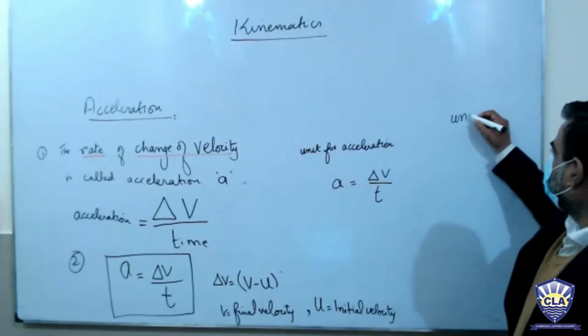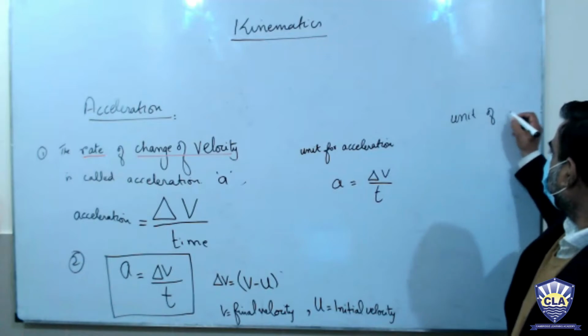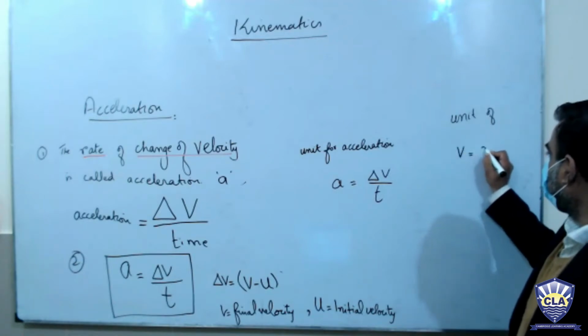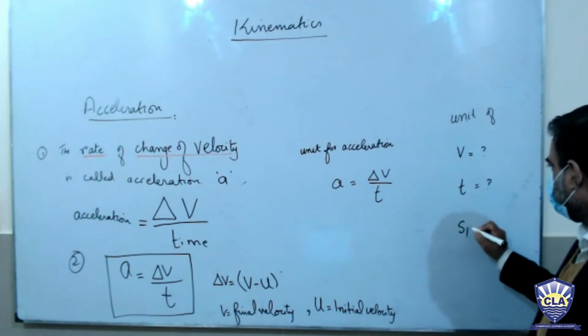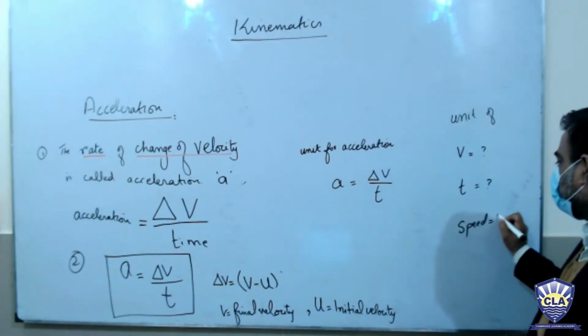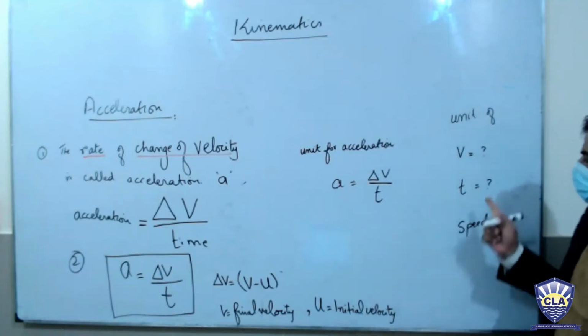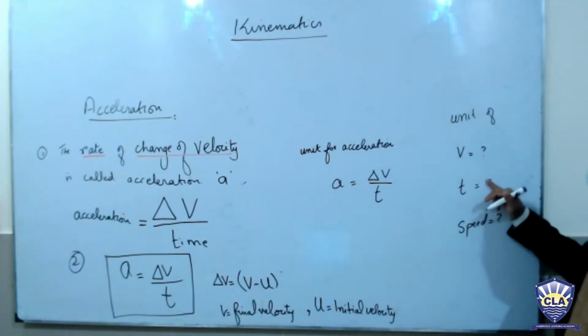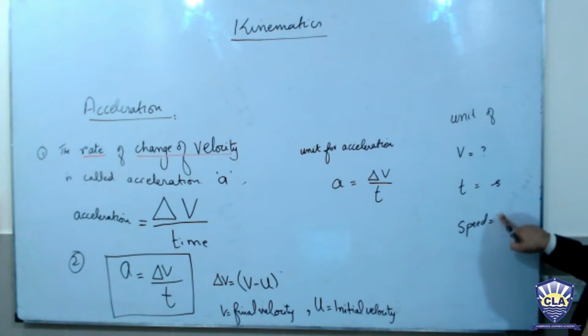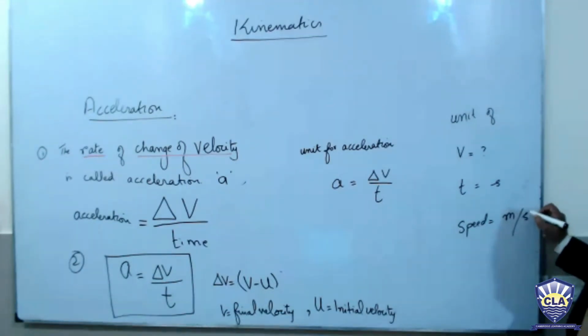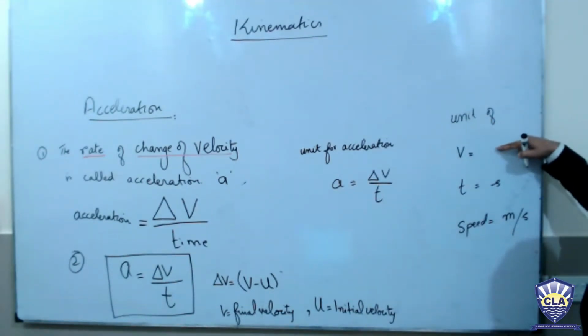So, unit of velocity, time, speed. Tell me. Okay, time: seconds. Denoted by capital S or small s? Small s. Speed: meters per second. What is the unit for velocity then?